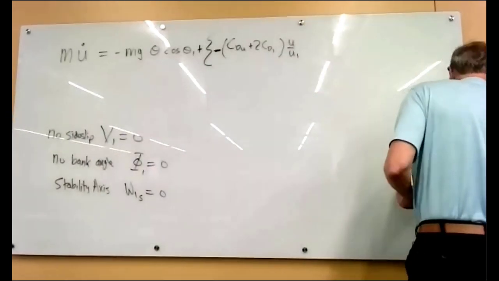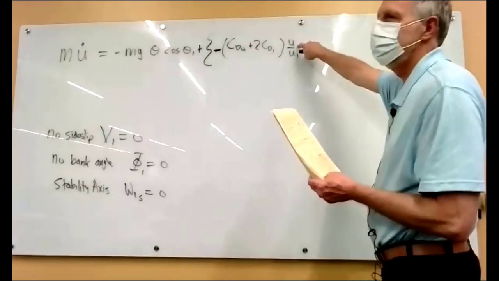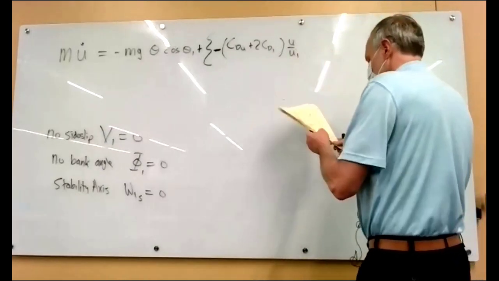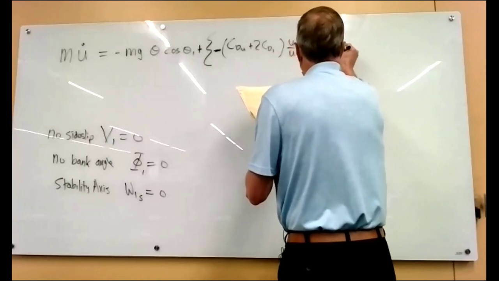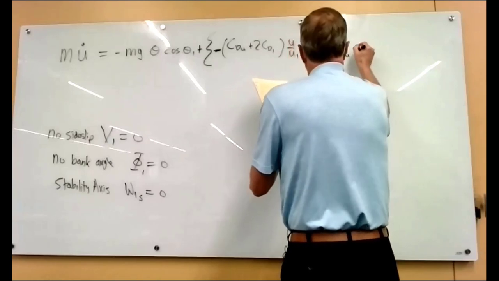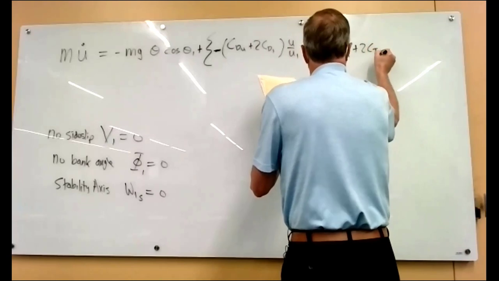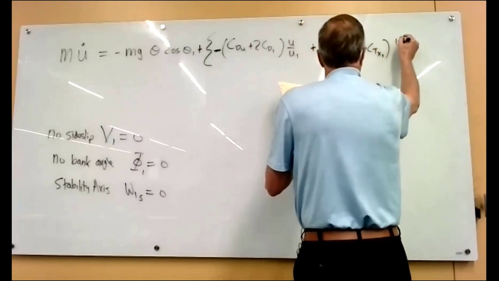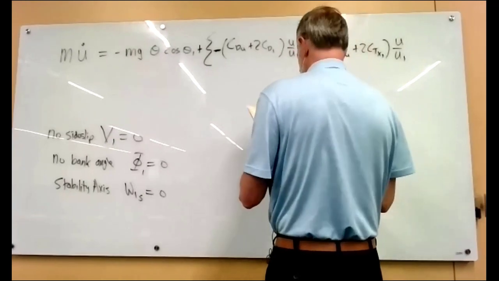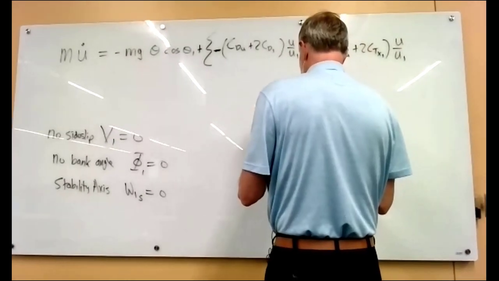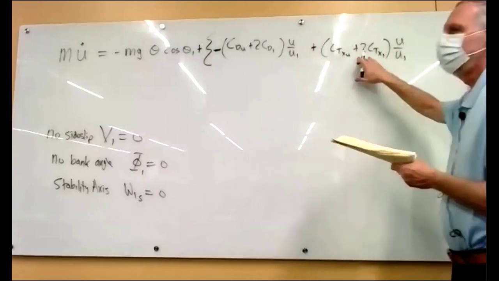All right, so this is this perturbation velocity term from the forces and moments. And then this is the thrust forces and moments.